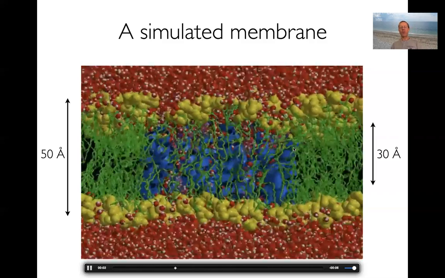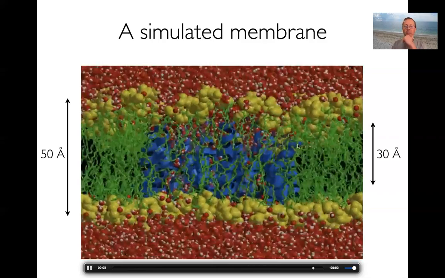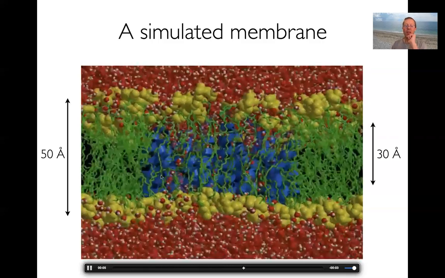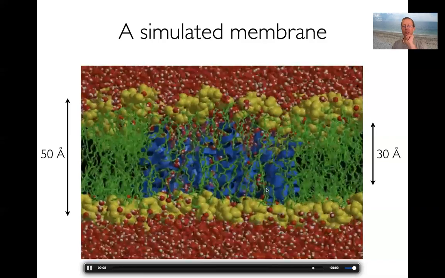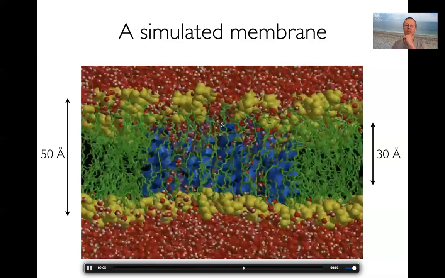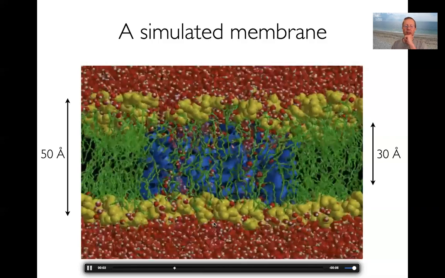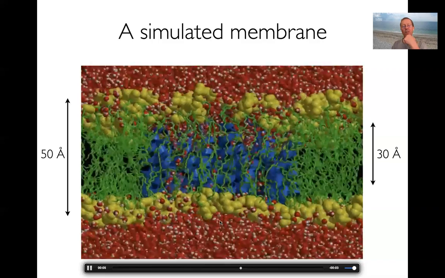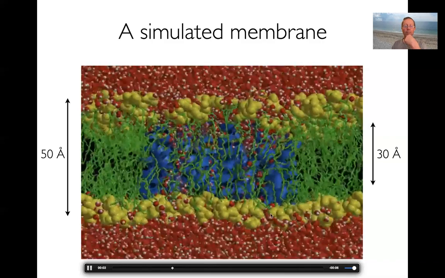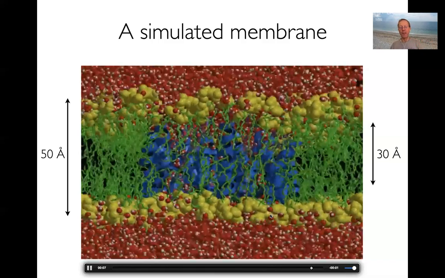It has to be composed mostly of hydrophobic amino acids that dissolve themselves between the hydrocarbon lipid tails. So the membrane-embedded parts of membrane proteins tend to be very enriched in hydrophobic amino acids. It's only the parts that stick out on either side that have more polar amino acids and that can interact favorably with water molecules or with the polar lipid head groups, these yellow balls here. So that's what membrane proteins look like when they're embedded in a lipid bilayer.